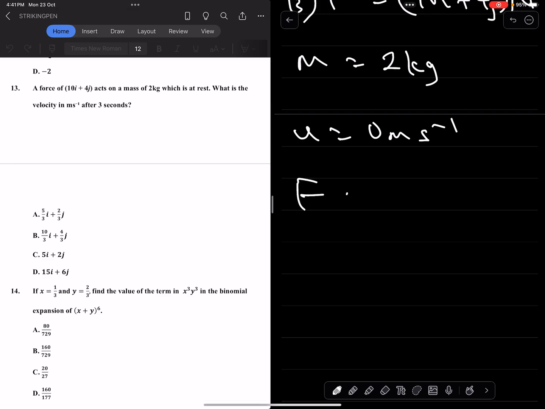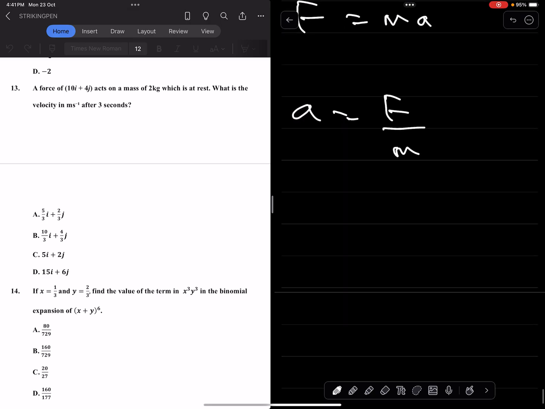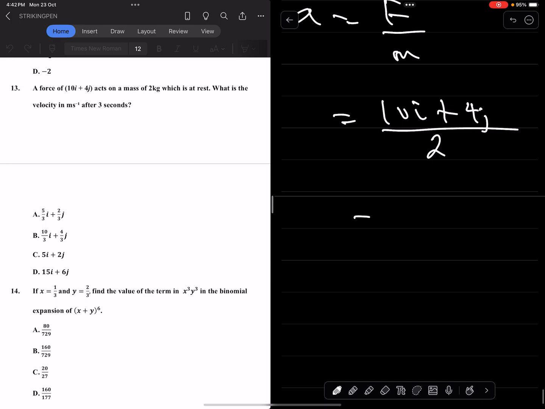First of all, let me find the acceleration. F is ma. That simply means a equals F over m. And that simply means 10i plus 4j over m, which is 2. And that's the same as 5i plus 2j meters per second squared. That means a equals 5i plus 2j meters per second squared.